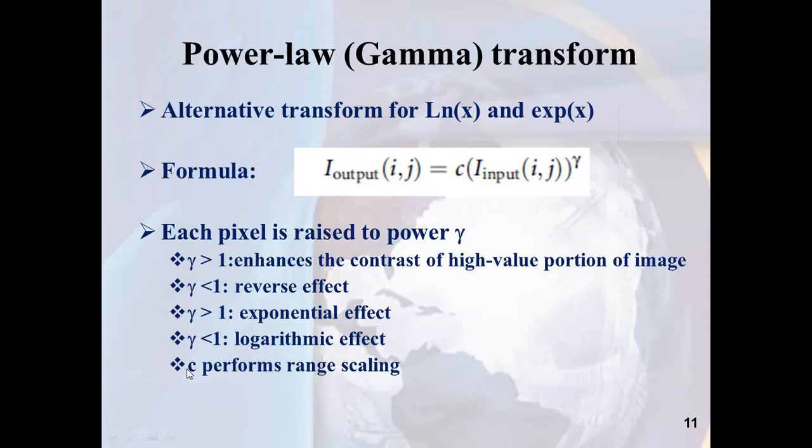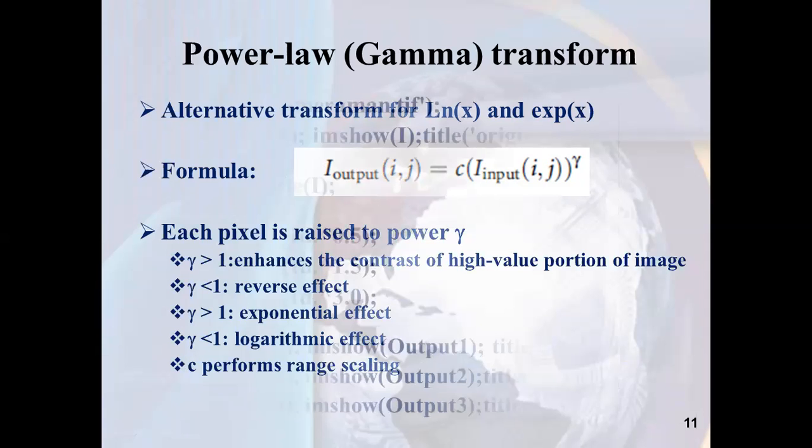And c is range scaling, to control how much I multiply the values, so the values don't get too big, giving very high contrast, or too small, giving darkness in the values. So this function in power gamma can be used to represent log and exponential at the same time. Gamma less than 1 means logarithmic effect, and gamma greater than 1 exponential effect.